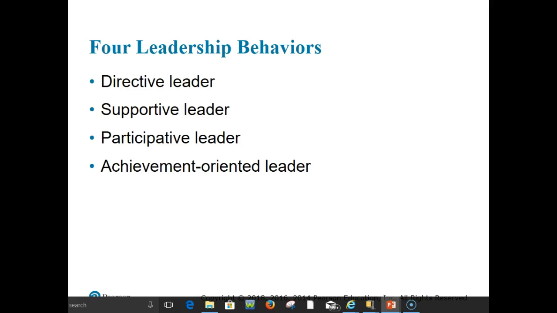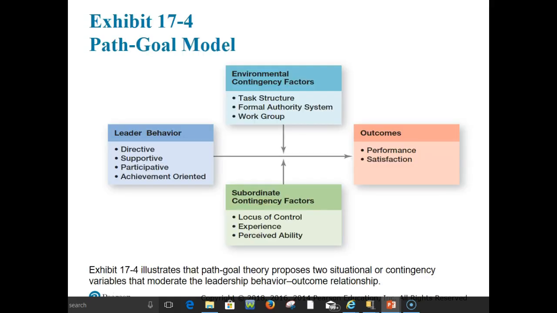Now, in contrast to Fiedler's view that a leader couldn't change his or her behavior, House assumed that leaders are flexible and can display any or all leadership styles depending on the situation. As Exhibit 17-4 illustrates, the path goal theory proposes 2 situational or contingency variables that moderate the leadership behavior outcome relationship.